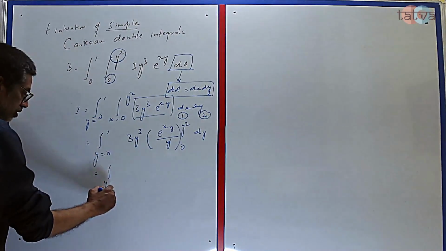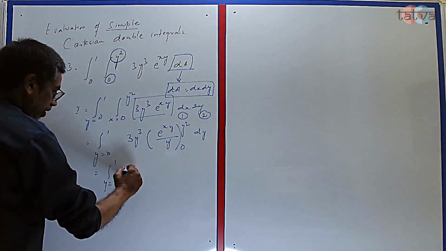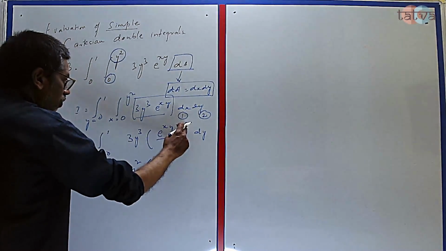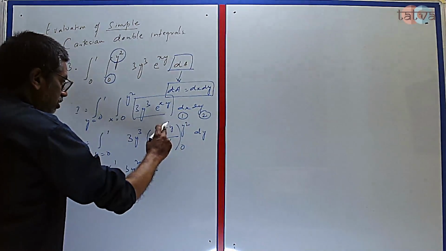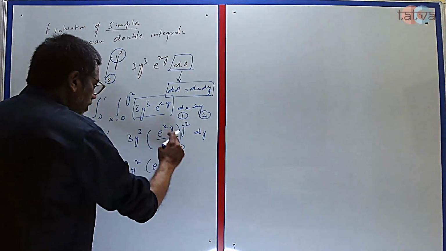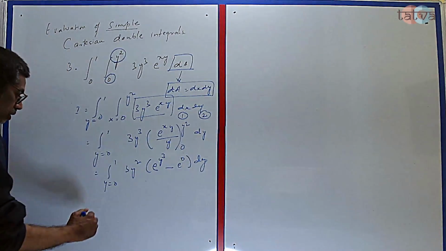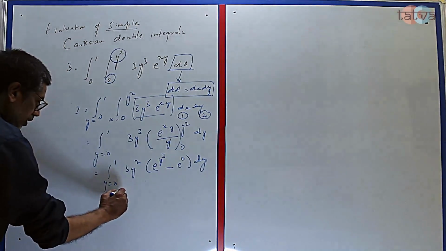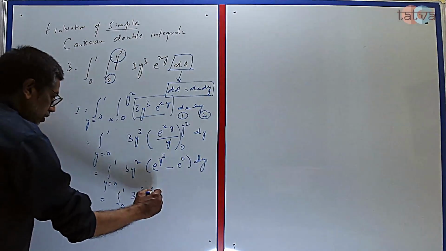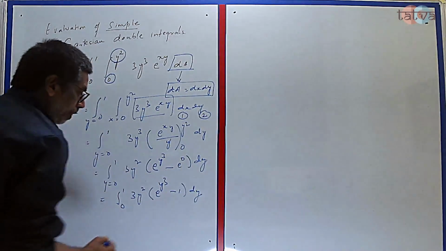One of the y's will get cancelled here. We'll have 3y squared e power, y squared will replace x. Therefore, we'll get e power y cubed minus e power 0, dy. So this would give us integral 0 to 1, 3y squared into e power y cubed minus 1 dy.